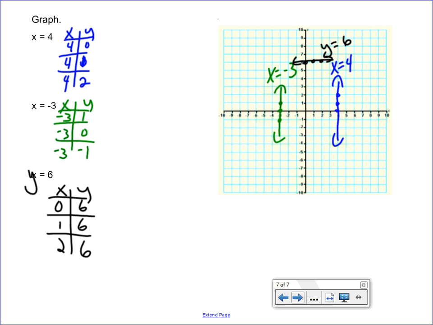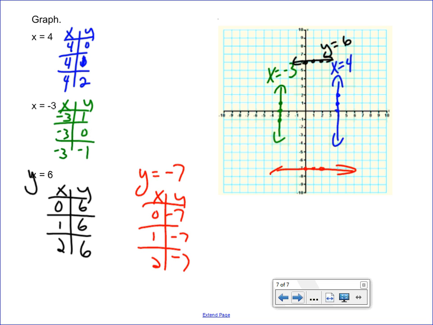Or if I gave you the equation y equals negative 7, hopefully we could see that I'd have a negative 7 in here. The x could be whatever. And I'd end up with this. So hopefully we can see that any y equals equation is just going to be a horizontal line.